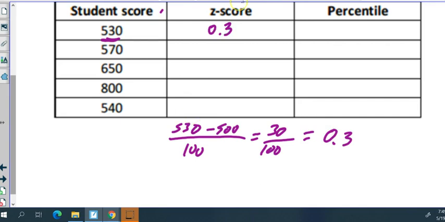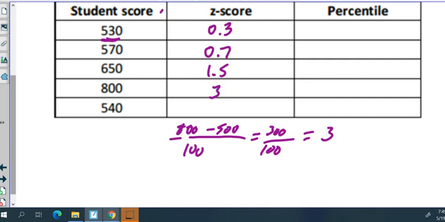If you change the 530 to a 570, you'll get 70 over 100, which of course is 0.7. 650 is, you're going to get 150 when you subtract, and when you divide, you'll get 1.5. 800, when you subtract, you'll get 300, and of course, divided by 100, that's going to be 3.